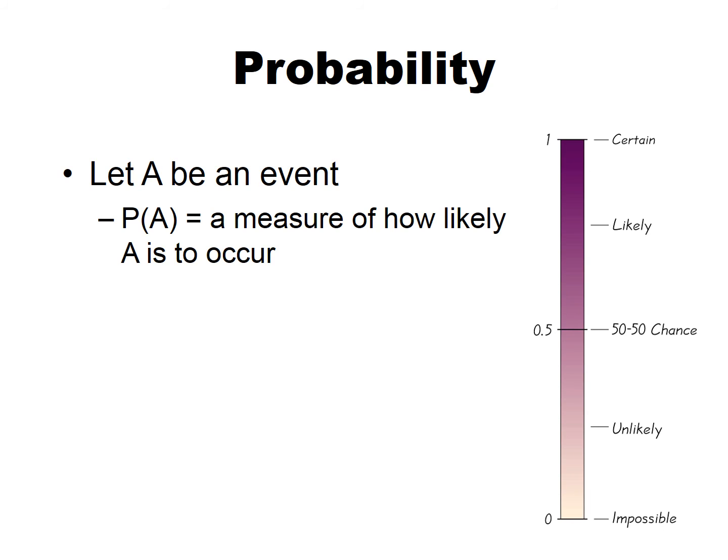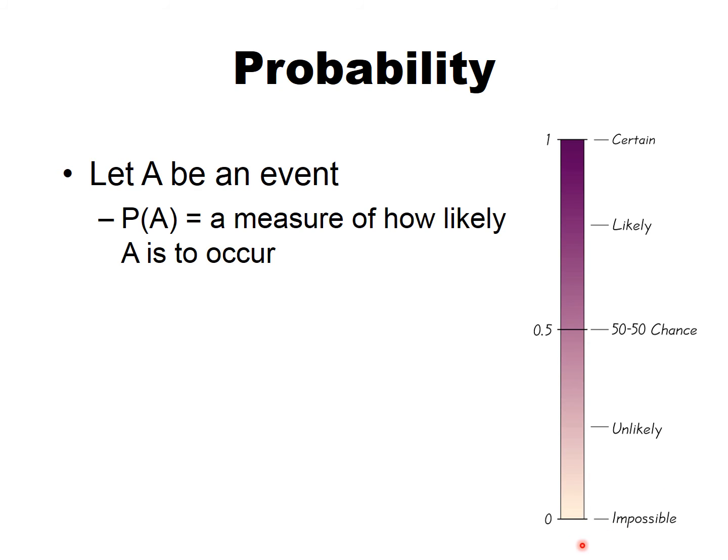So now in terms that we just defined, let A be an event, and then generically P of A is a measure of how likely that event A is to occur. So we really describe probabilities in terms of probabilities of an event. And a probability can take on values between 1 and 0.